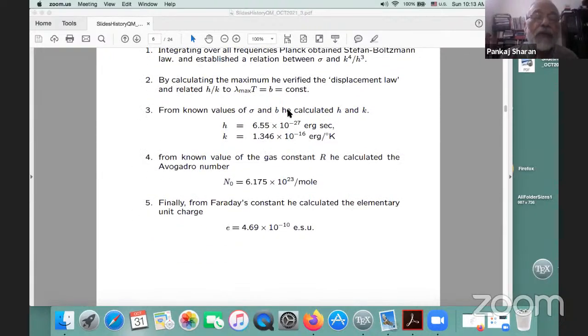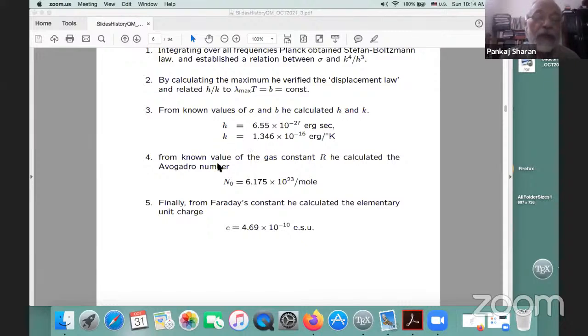And from known values of sigma and B, he obtained h, that is 6.55 times 10 to the power minus 27 erg second, which today will be written as 10 to the power minus 34 joule second. And k, which is the Boltzmann constant, as 1.346 into 10 to the power minus 16 per degree Kelvin. Today's value is 1.38, I think. So these are very close to these theories.